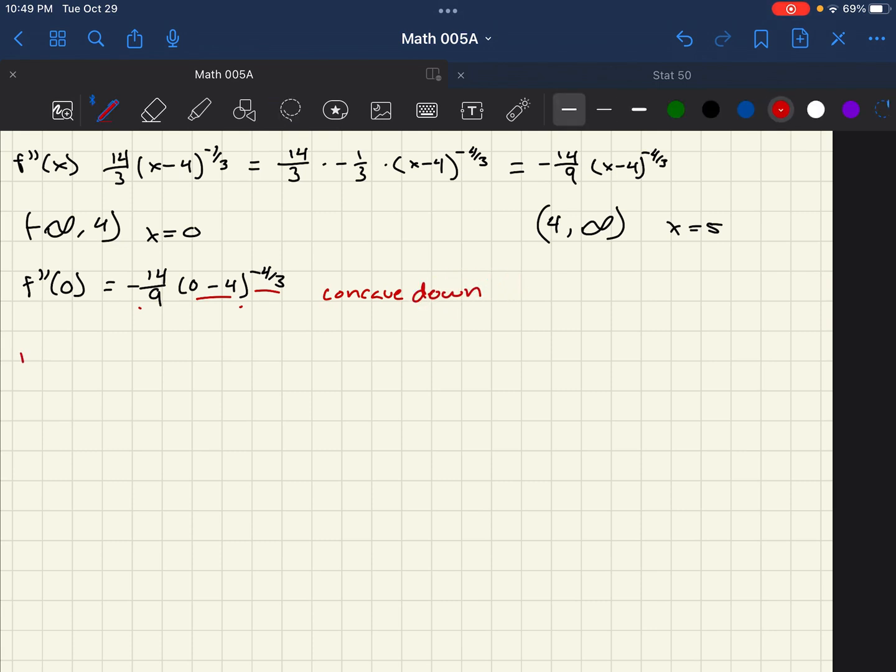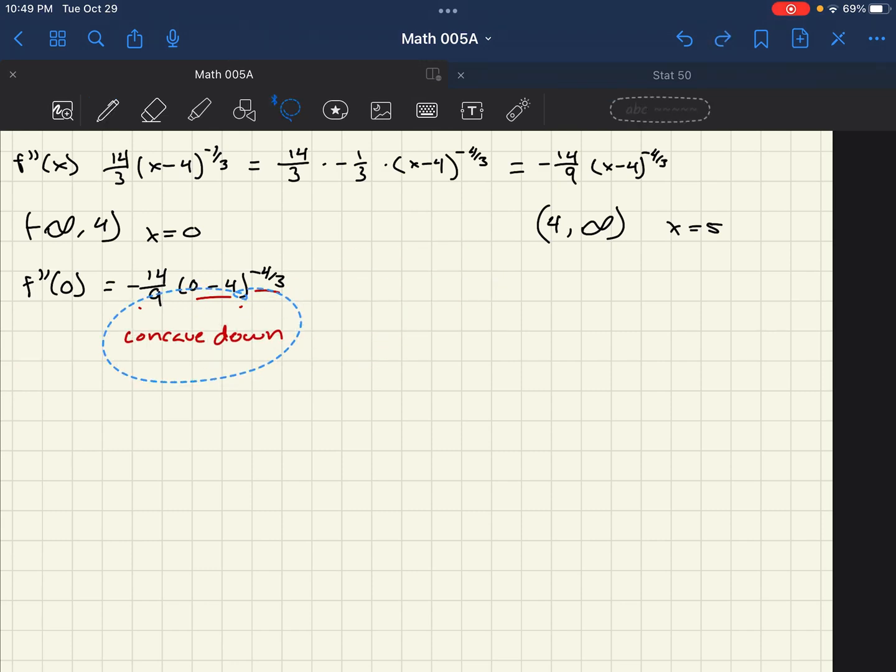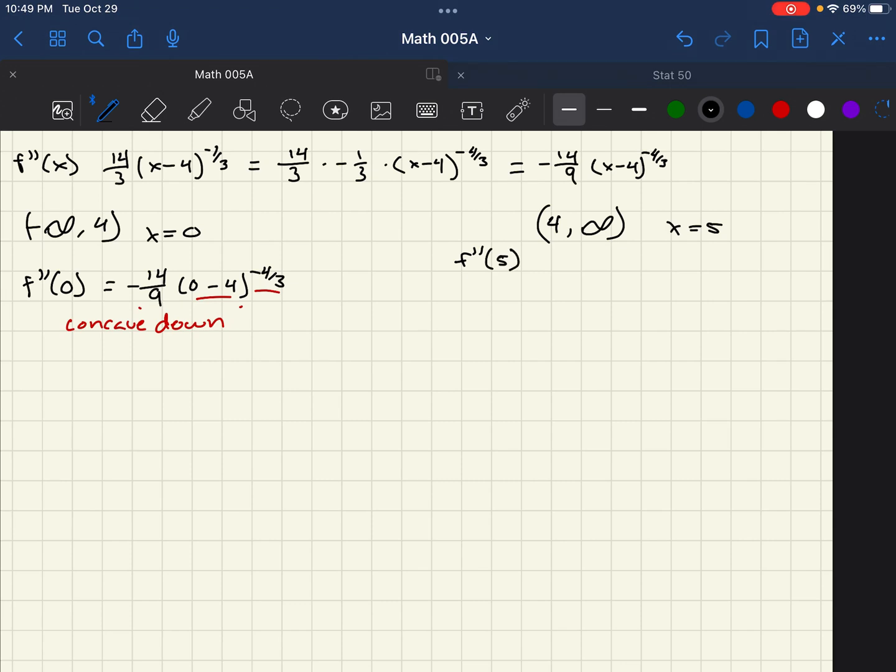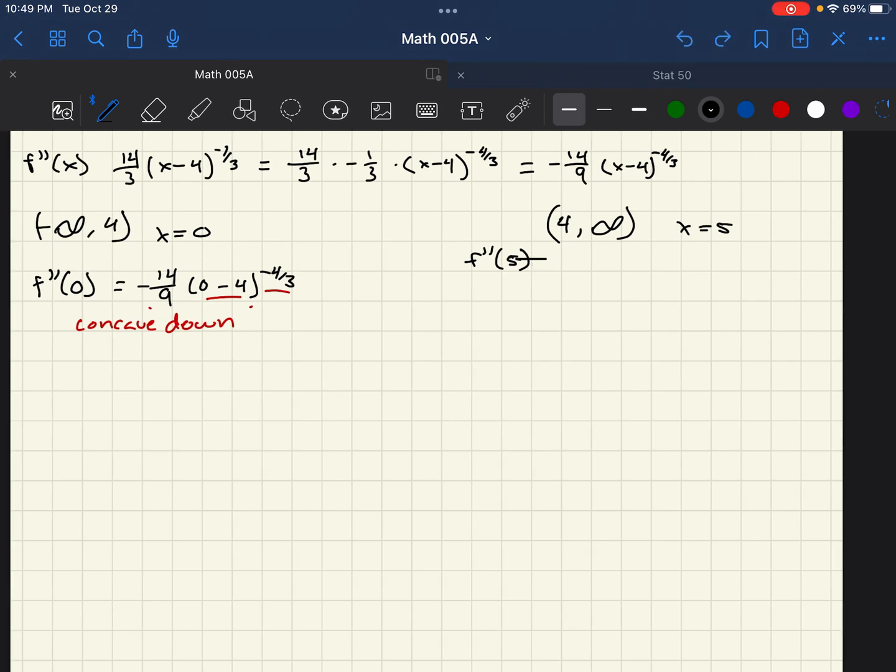And then we'll do the same thing for the other side. So over here we'll do f double prime of 5, which is equal to negative 14 over 9 times (5 minus 4) to the negative 4 over 3.